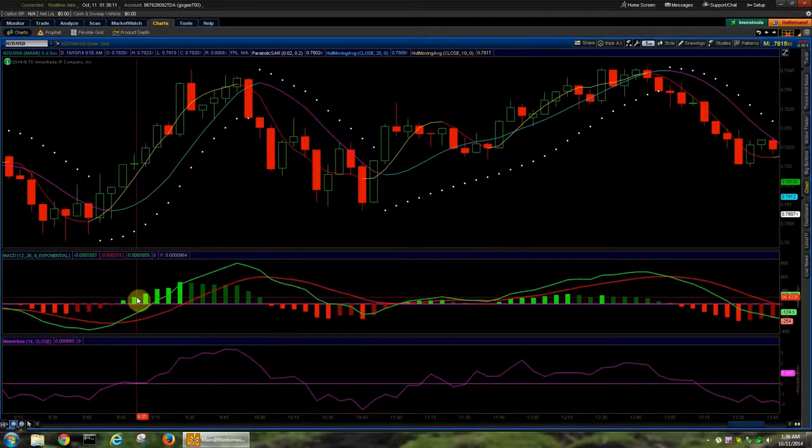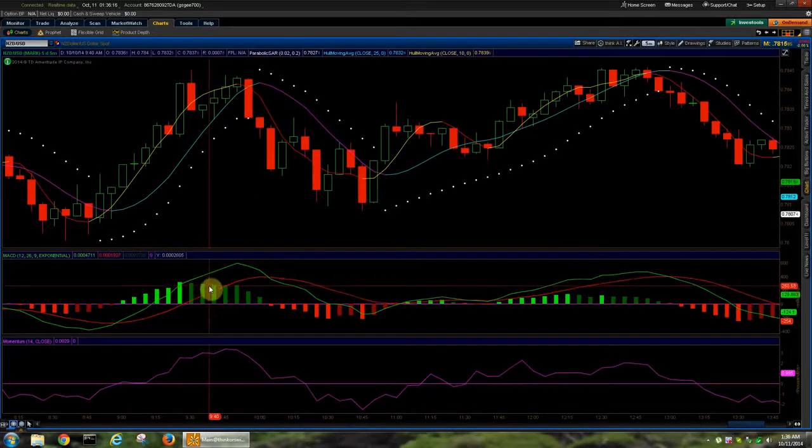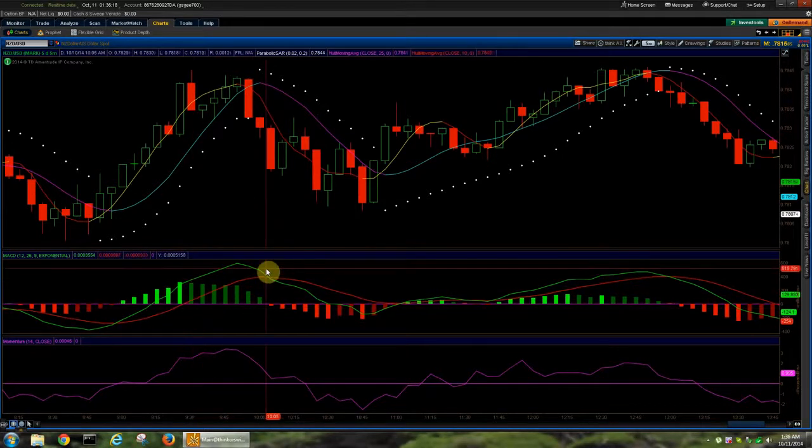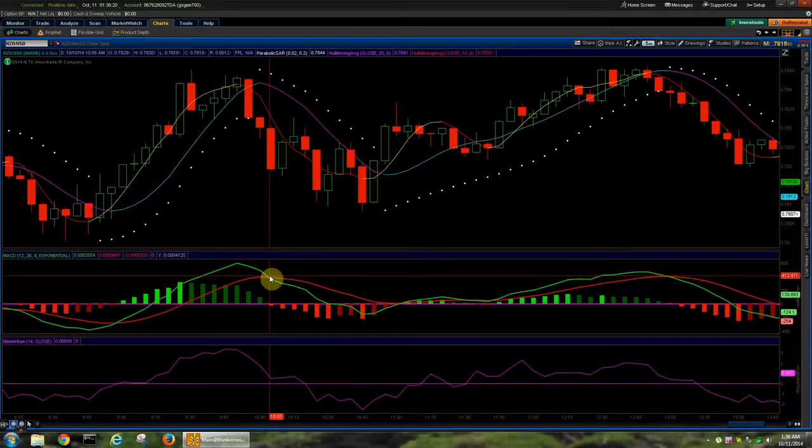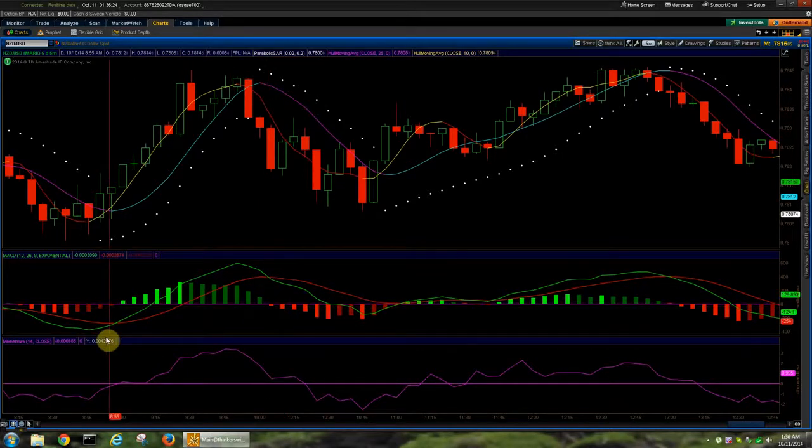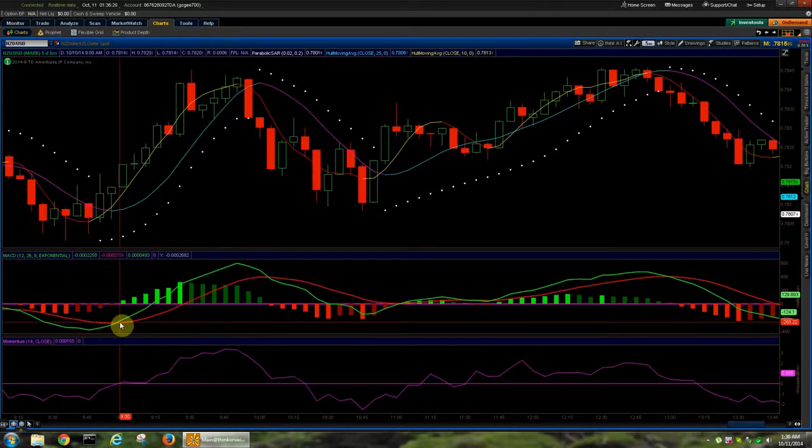And you see this histogram in the middle, which actually mirrors the same thing as these lines. When you see the green line crossing over the red line, you see that the histogram turns red. And here, when you see the green line crossing over the red line, you see the histogram turning green.